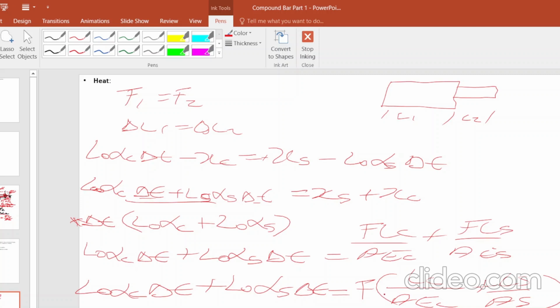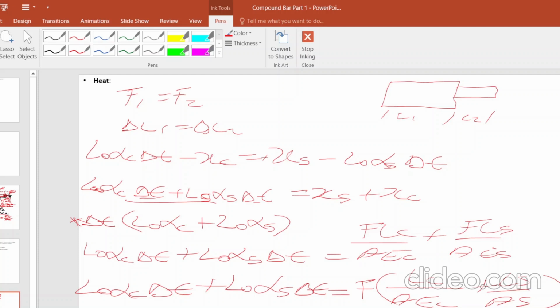But if they are of the same length, then you will have change in temperature, open bracket, coefficient copper plus coefficient steel, equals F open bracket 1 over AE copper plus 1 over AE steel. This one is an if question.